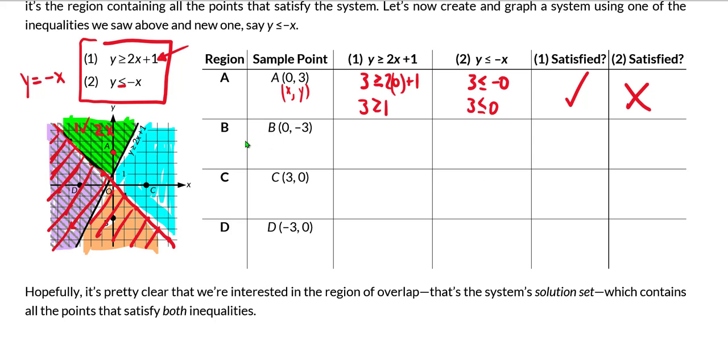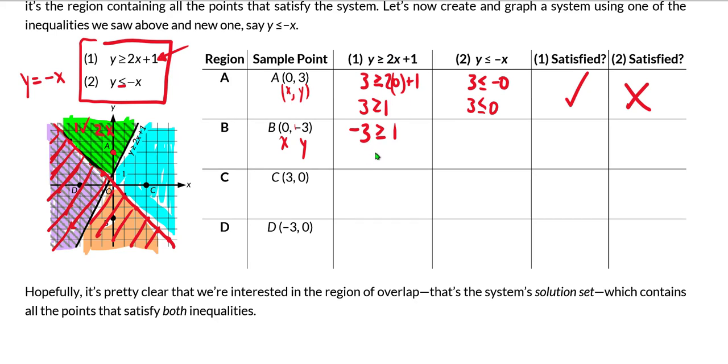Let's really quickly run through the rest of these. Point B down here in this southern portion, the orange portion, watch what happens. We throw in -3 for y, we throw in 0 for x, so the 2x just goes away. So we get -3 is greater than or equal to 1.